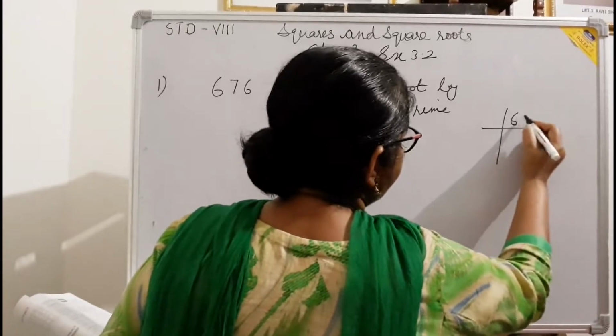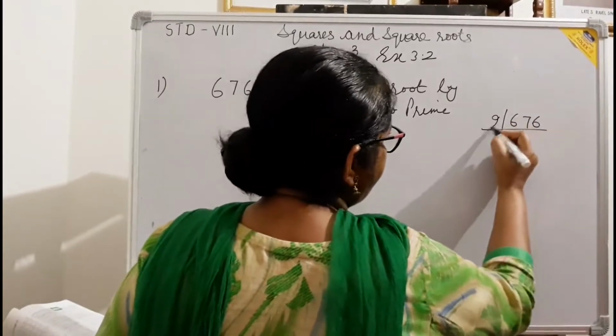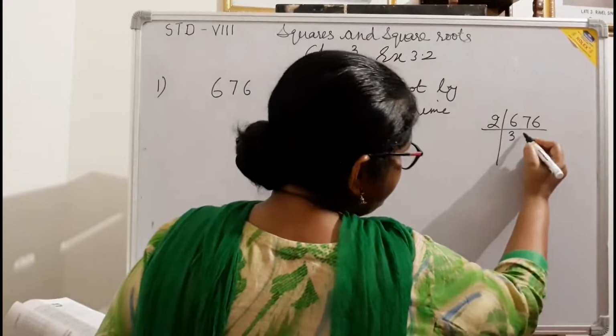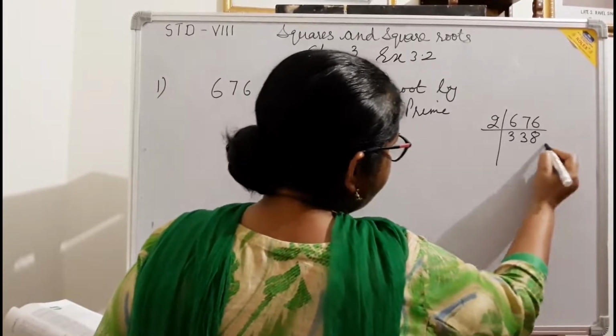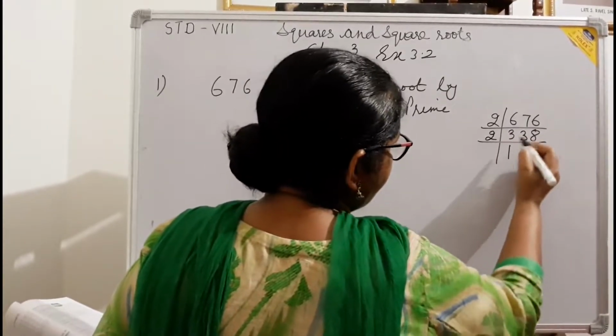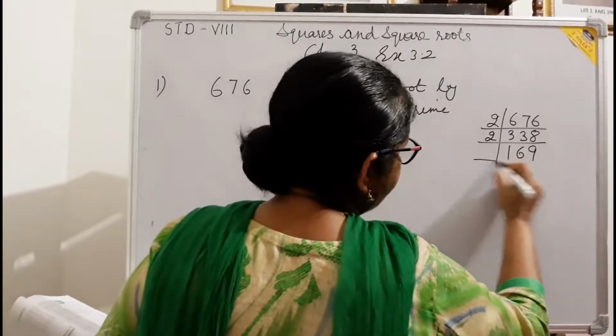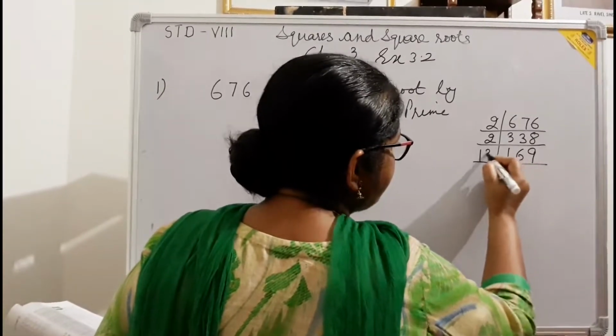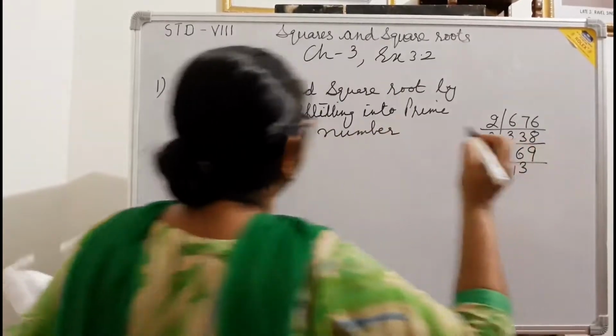Now 676. 2 3s are 6. 2 8s are 16. 2 6s are 12. 2 9s are 18. Now 13 13s are 169.